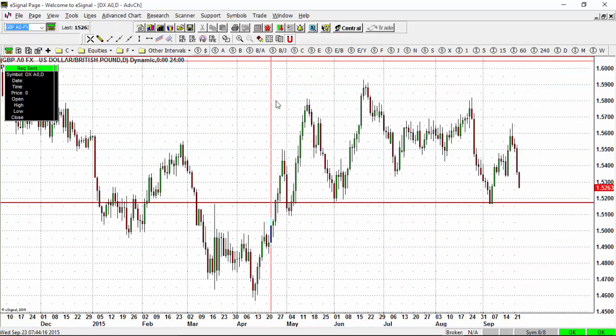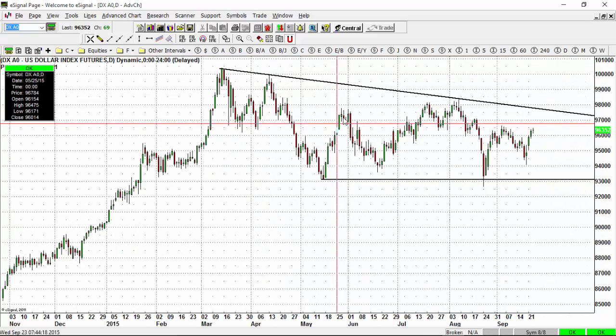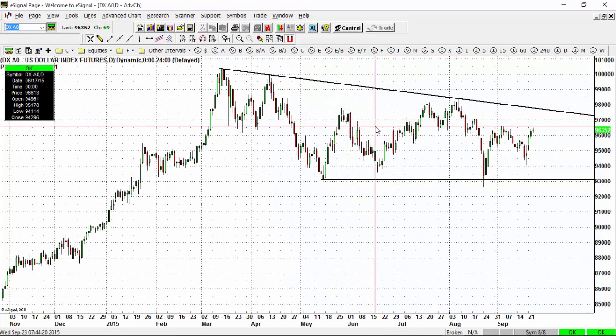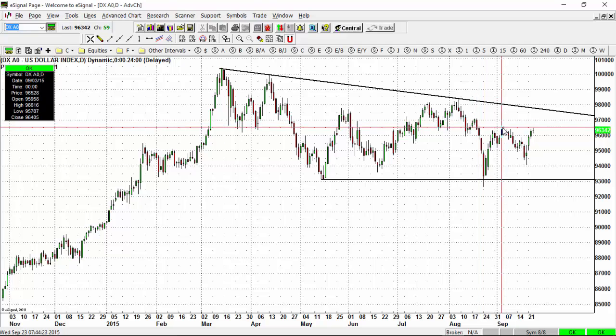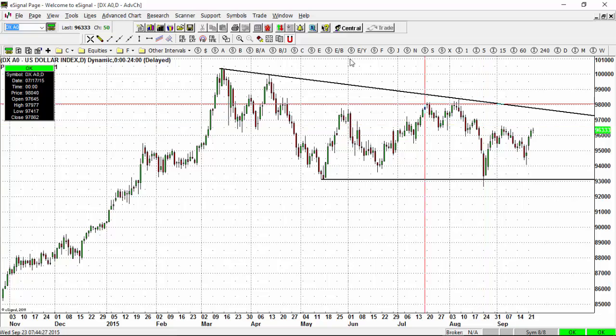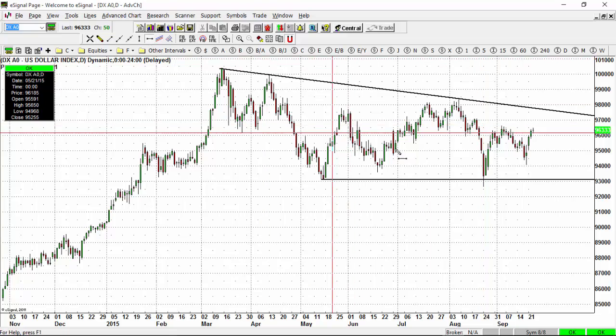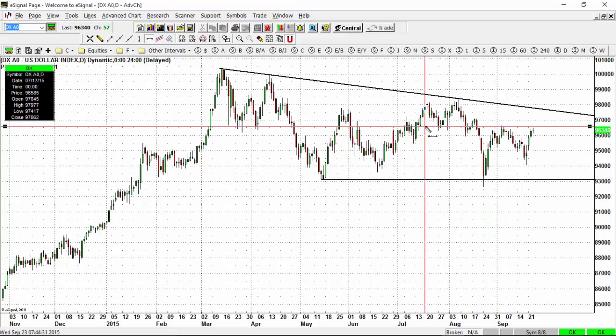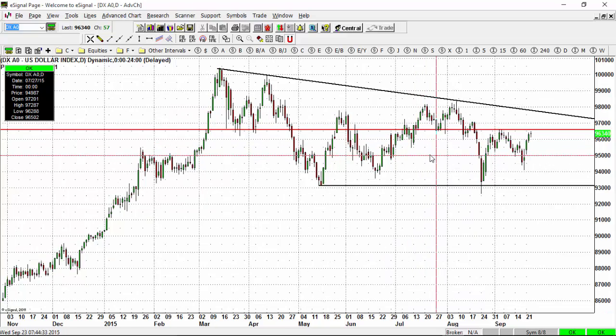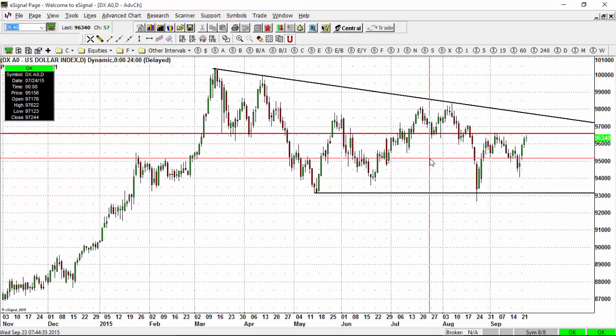Taking a look at the US dollar index, the market is coming up on some resistance here at the 96.61 level, and I can just draw a line. 96.61, the market is coming up on some resistance, and we see some stalling out.